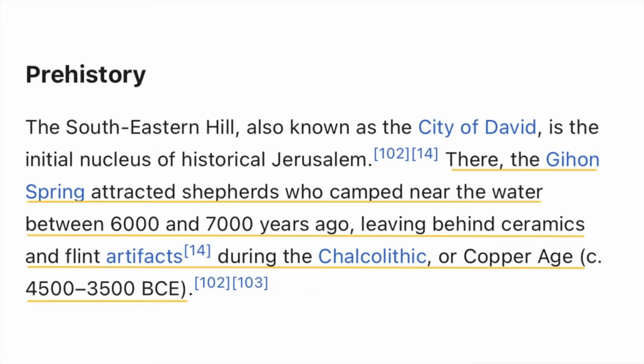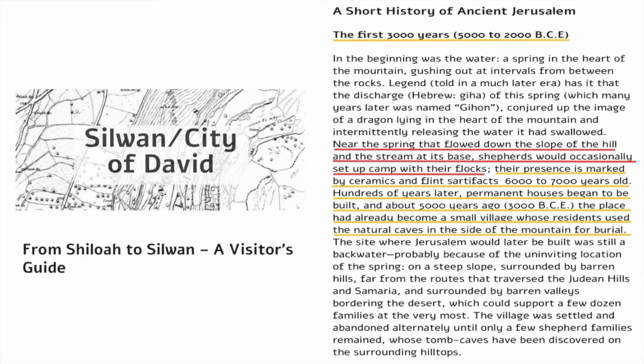There, the Gihon Spring attracted shepherds who camped near the water between 6,000 and 7,000 years ago, leaving behind ceramics and flint artifacts during the Chalcolithic or Copper Age, 4,500 through 3,500 BCE. And this is from Chilion and Chilwa, a visitor's guide.